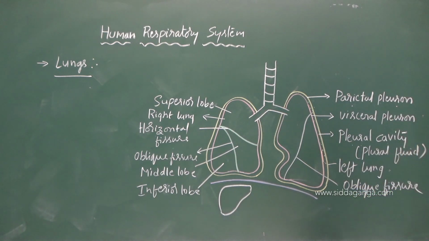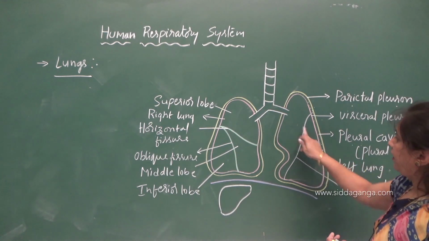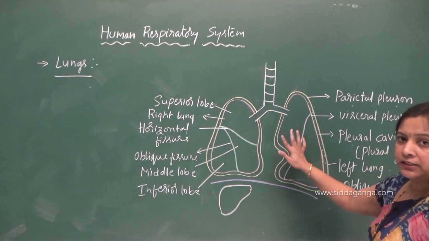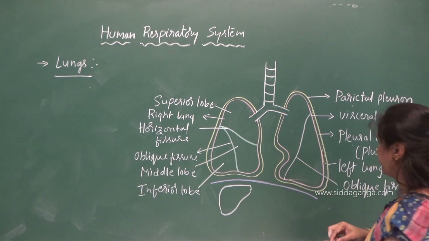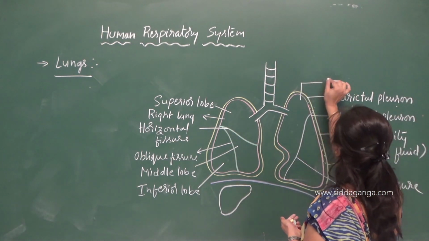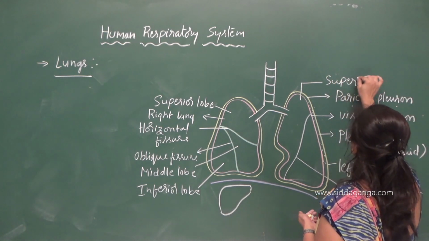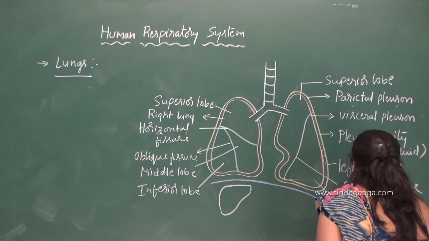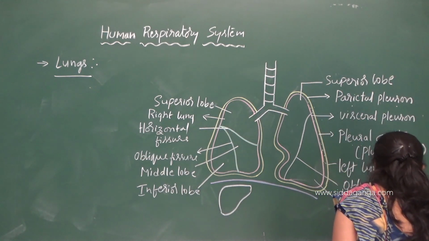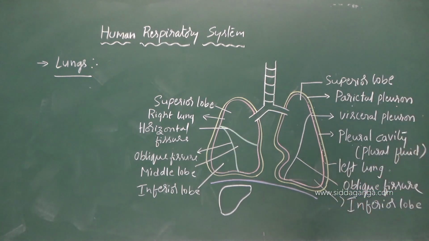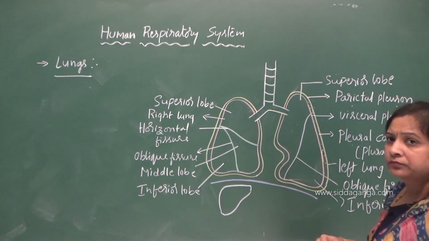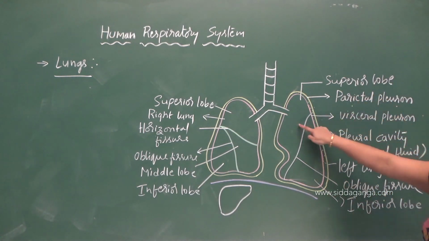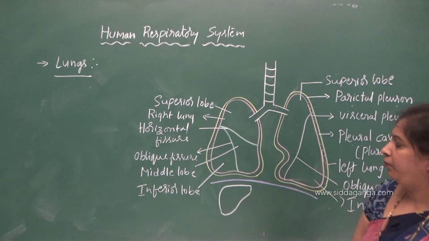This fissure divides the left lung into how many lobes? Only two lobes. This is the superior lobe and this is the inferior lobe.